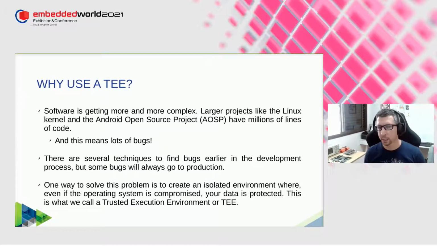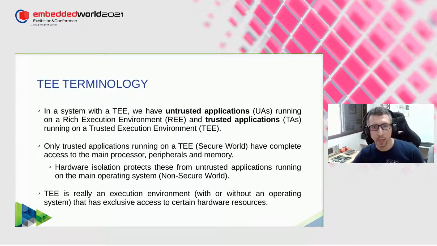And if you have bugs and vulnerabilities in the kernel, all of the system will be compromised. So one way to mitigate that risk is that you would run all of the important things, the things that you want to protect, in a separated and secure environment. And that's what we call TEE.